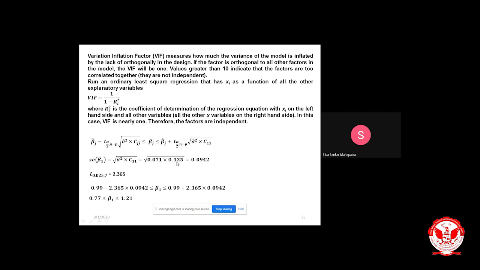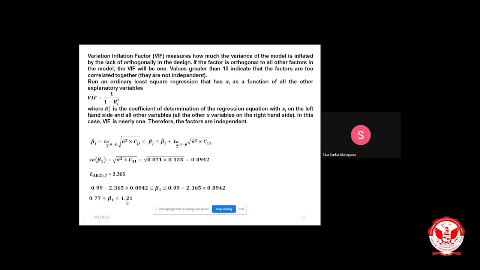This 0.125 is calculated from the X prime X inverse matrix, that is the diagonal element for beta 1. So the standard error of estimate is 0.0942. Then the T value, the T statistic, you can find. So the confidence interval for beta 1 is 0.77 to 1.21.